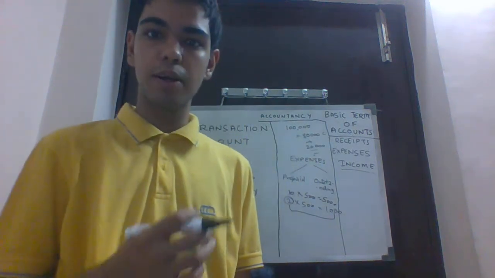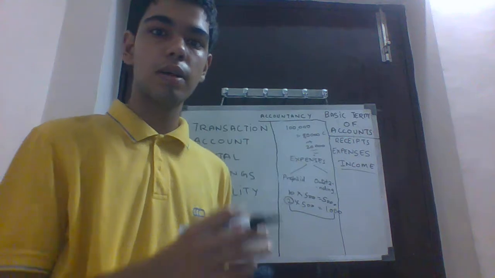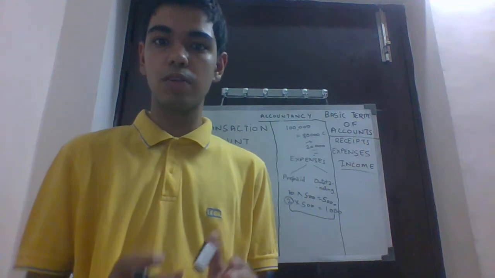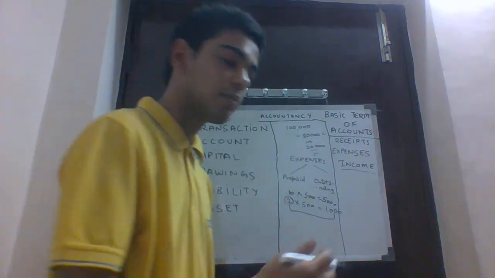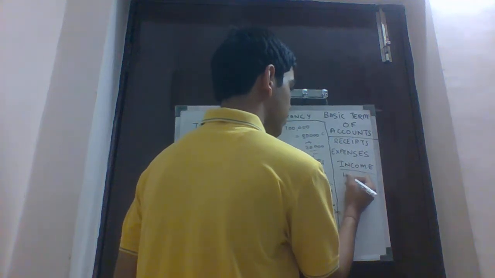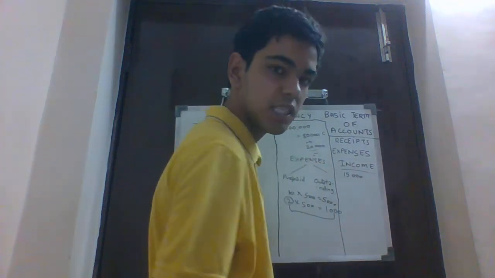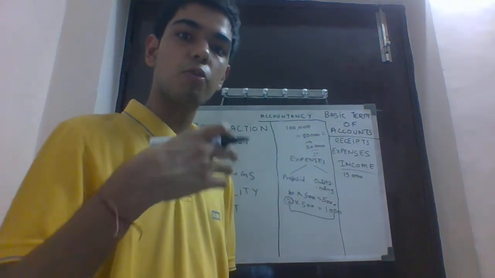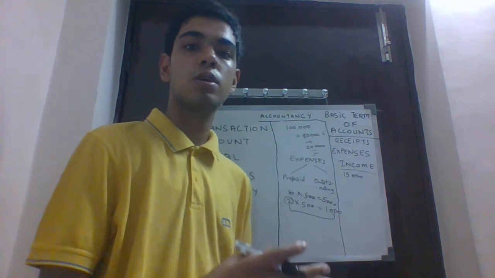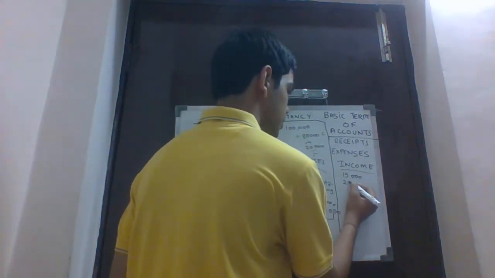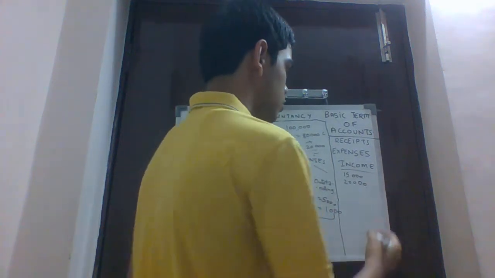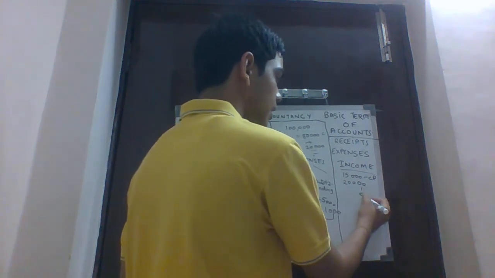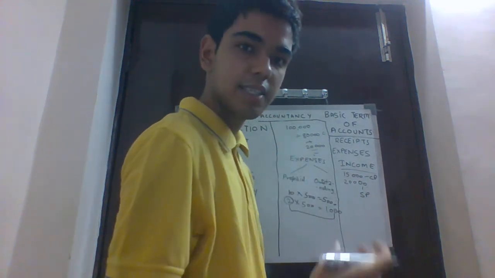Now, what is income? Income is the profit earned, the excess of revenue over the cost of any good or service. For example, the cost price of a good is 15,000, and after processing it further and adding value, we sold that good at 20,000 rupees. So 15,000 will be its cost price, and 20,000 will be its selling price.